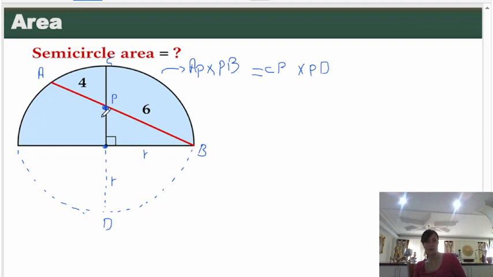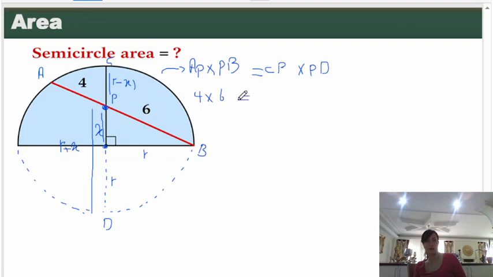For PD, if I call this amount X, then PD would be R plus X. How about PC? As I said, from the center to any point on the circumference, I have R. So CP would be R minus X. For the left side, AP equals 4 times PB equals 6.